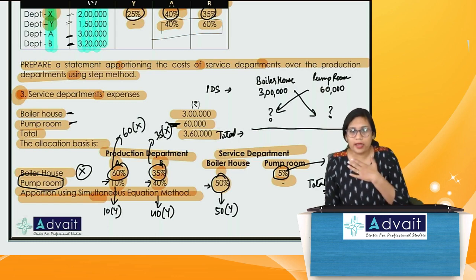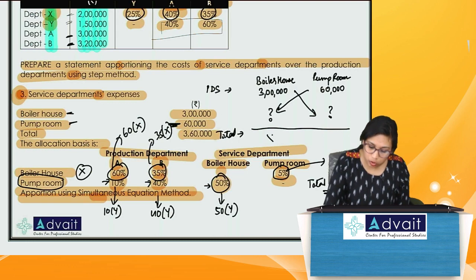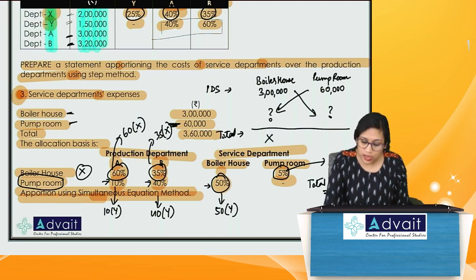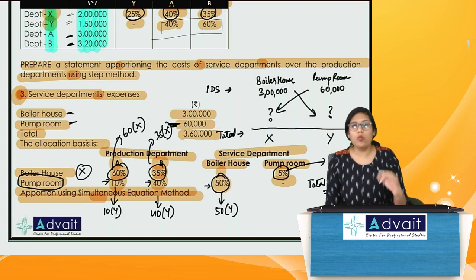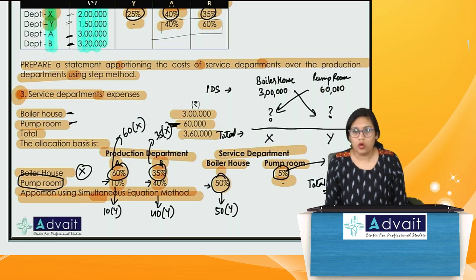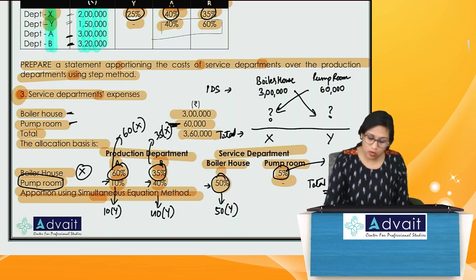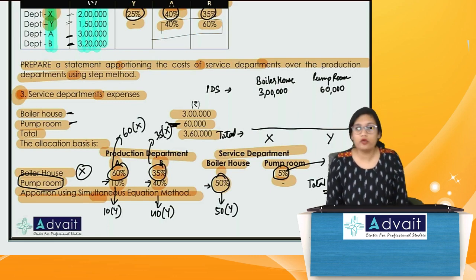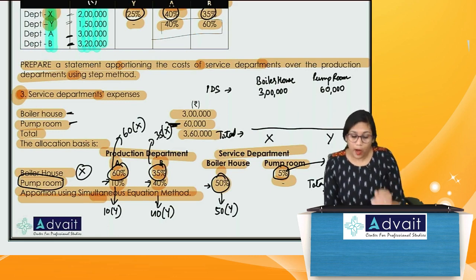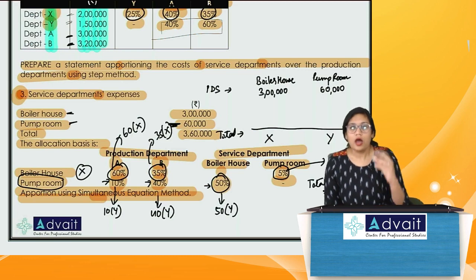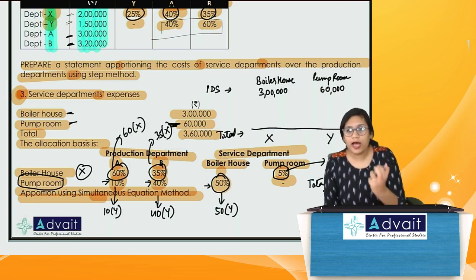So what have I done? I assume my total to be X for boiler house. I assume my total to be Y for pump room. Now I'm going to remove this. Missing figures we need to find out. Correct? So how much of pump room will boiler house receive?